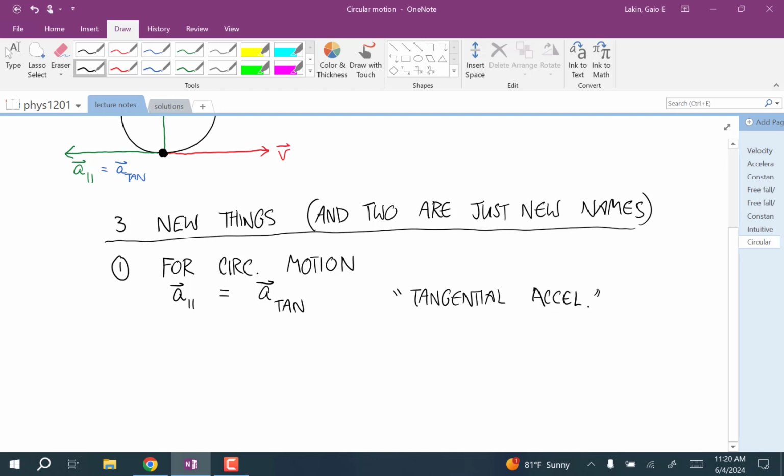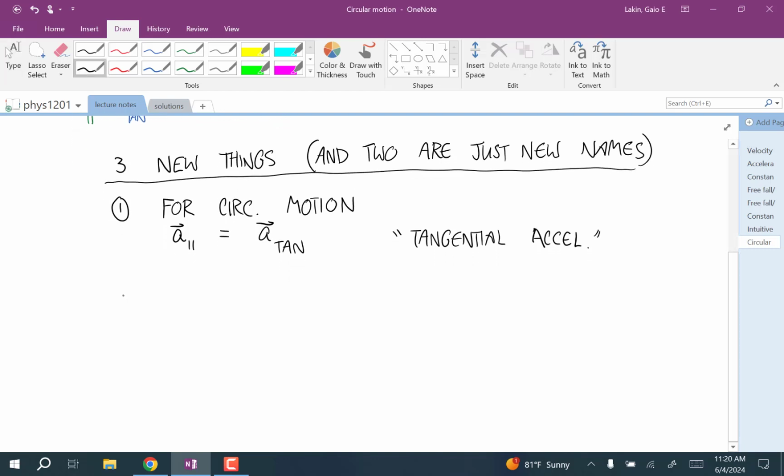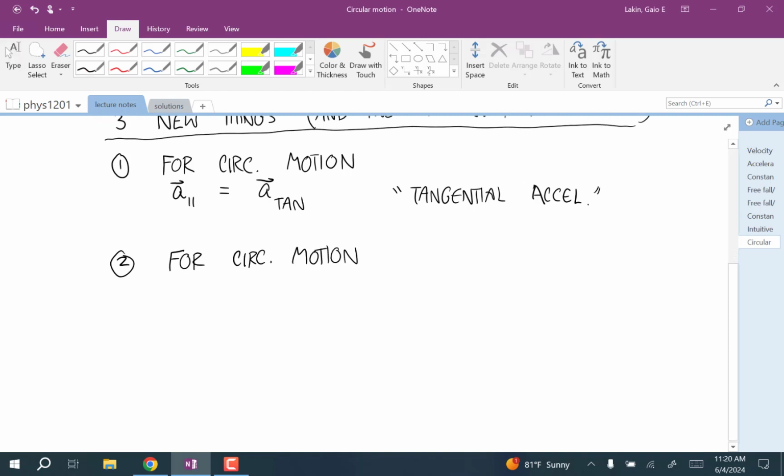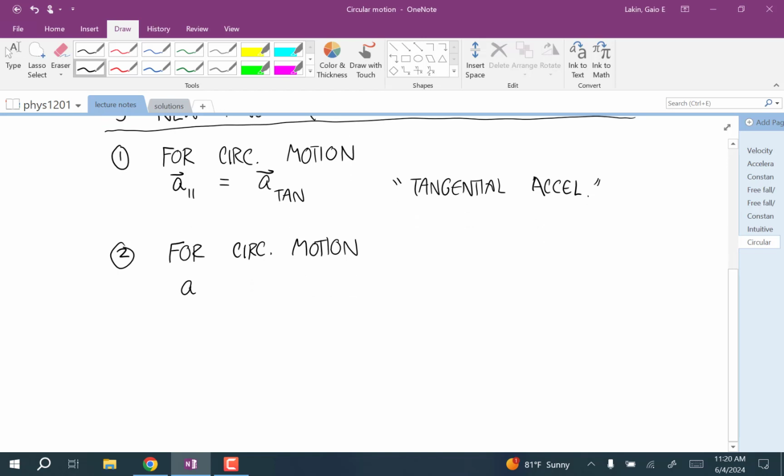Okay, so the first name is out of the way. Now the second new name for circular motion: the perpendicular part of the acceleration is called the centripetal acceleration. And so we're going to use these two names.